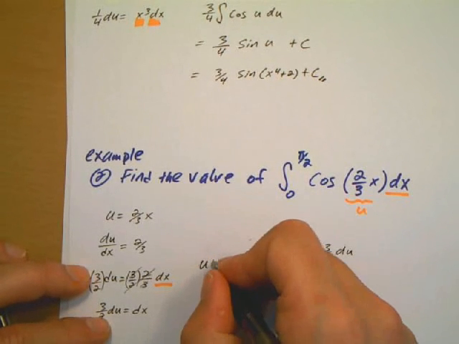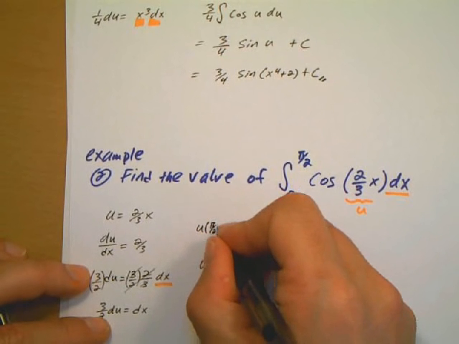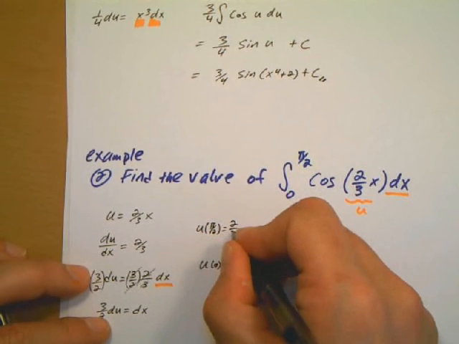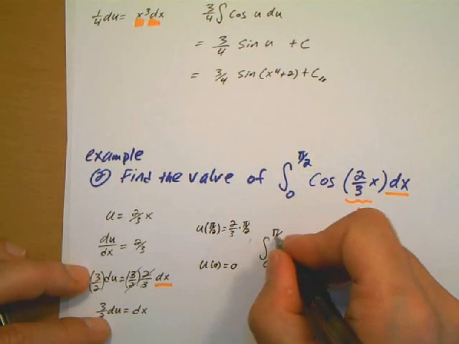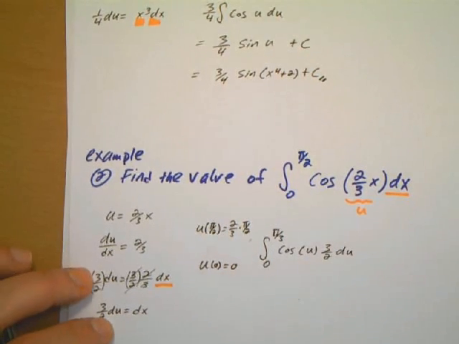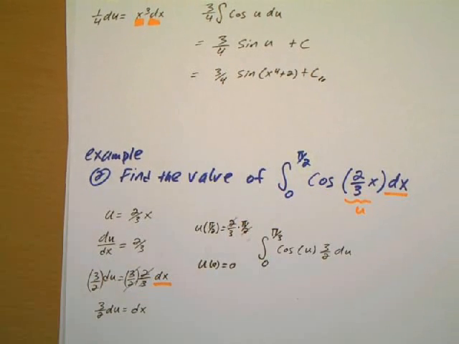When I plug in now u of pi over 2, that's going to be 2 over 3 times pi over 2, which comes out to be pi over 3. These two reduce out, and I'm left with pi over 3.